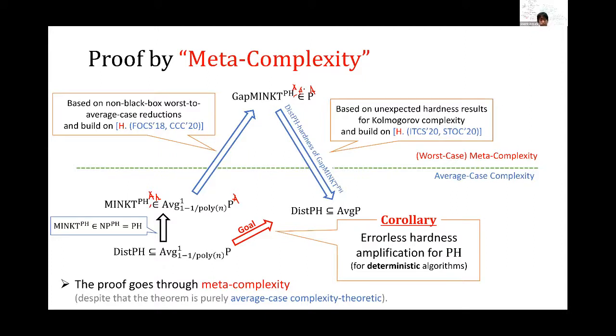If you go through the equivalence, you lose one level. The reason is that min KT with pH oracle is a problem in NP with pH oracle, so basically you lose one level.